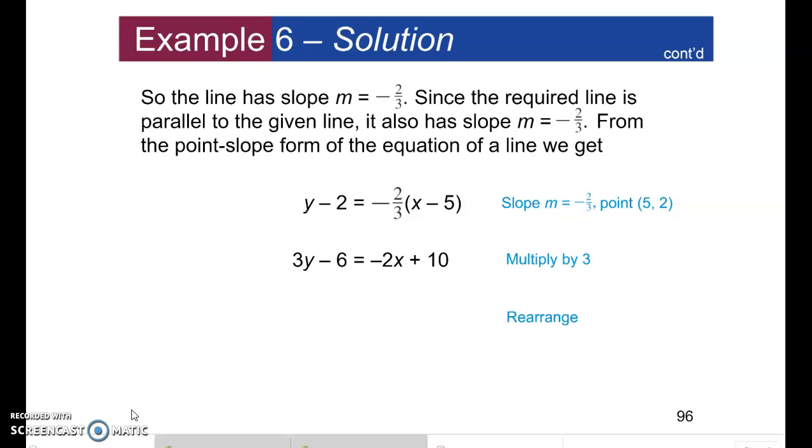So we're going to move the negative 2x to the left-hand side so that it will become positive 2x. We also know it has to be equal to 0, so we'll have to subtract 10 from both sides as well, and negative 6 minus 10 is equal to negative 16. There's the general form of a line that is parallel to the one that we were given and passes through the point (5, 2).